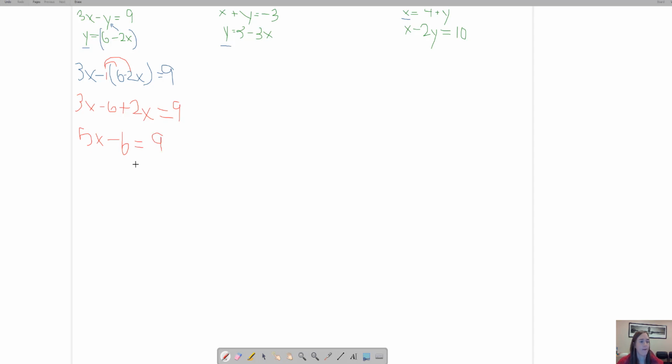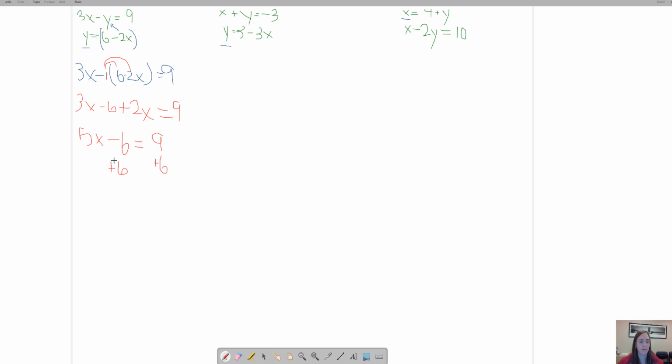Okay, and then I'm going to get my x by itself to solve for x. So I do the opposite of subtracting 6, which is to add 6. Wait a second. Let me fix this. Got a little ahead of myself there.